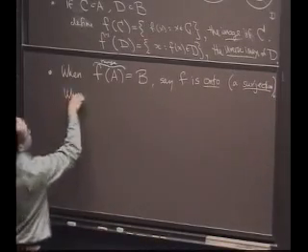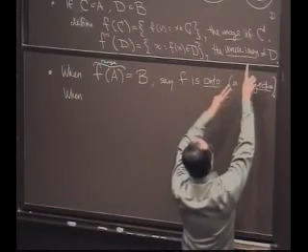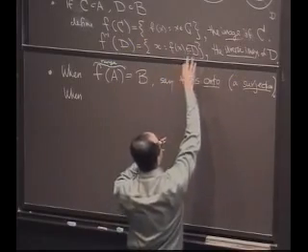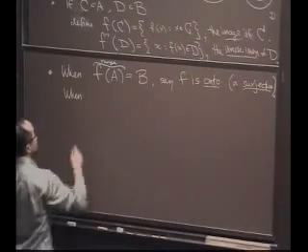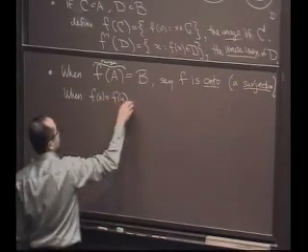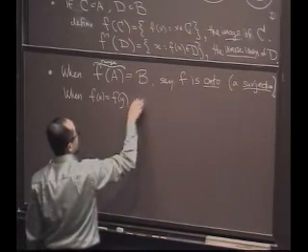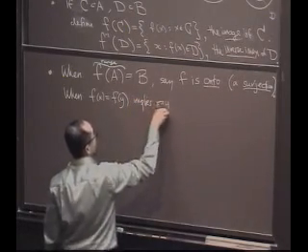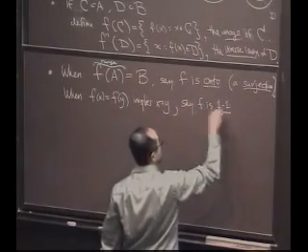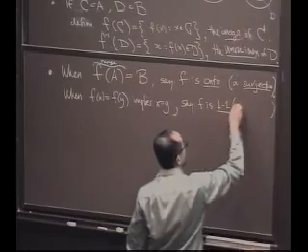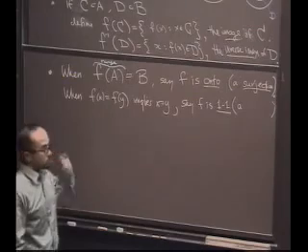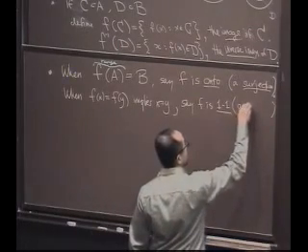What else? Well, that's when you hit everything, and now if it never has multiple points getting sent to one point, we'll say it's one-to-one. Another way to say that is if the image of 2 points being equal implies that x and y are in fact equal, we'll say f is one-to-one. There's another word we might associate to f. We'll say f is not a surjection, but an injection.